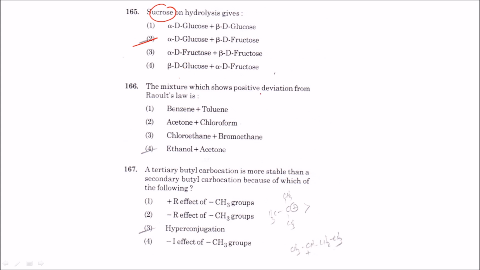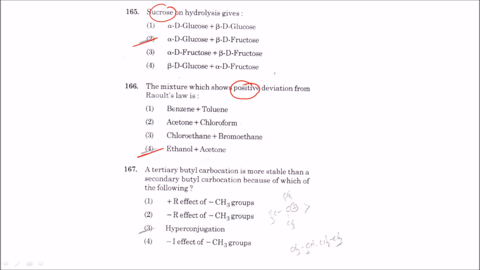166, the mixture which shows positive deviation from Raoult's law. If you want to get positive deviation, then after mixing the solution, it should have weaker intermolecular forces between the two different molecules.